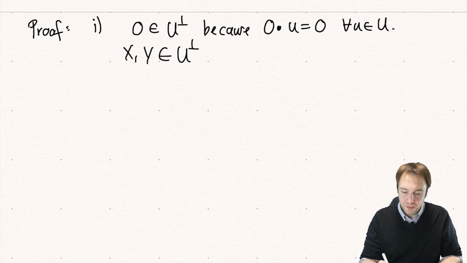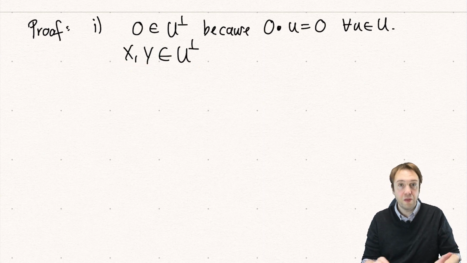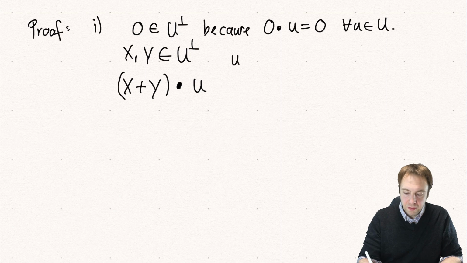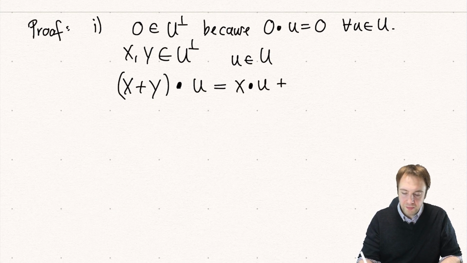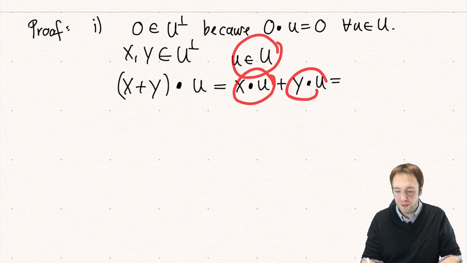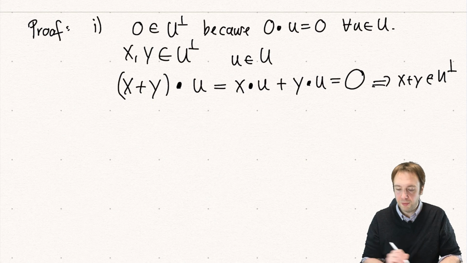If x and y are in the orthogonal complement, this means that they are orthogonal to any element in U. If I take the sum of these two and consider the dot product with U, then we can again use this rule here that I can write this out as the dot product of x with U plus the dot product of y with U. And then I know, because they are orthogonal to any element in U, this is 0 and this is 0. So this here is also 0. And therefore, x plus y is also in the orthogonal complement.